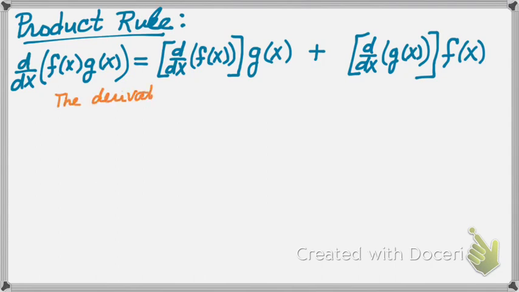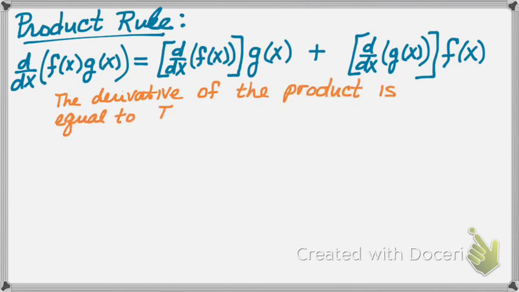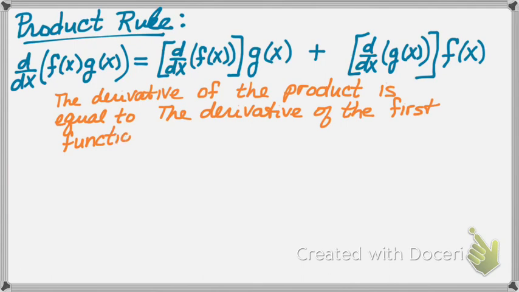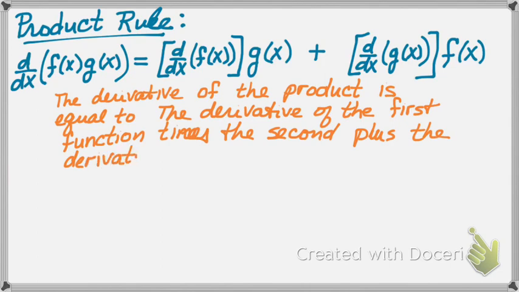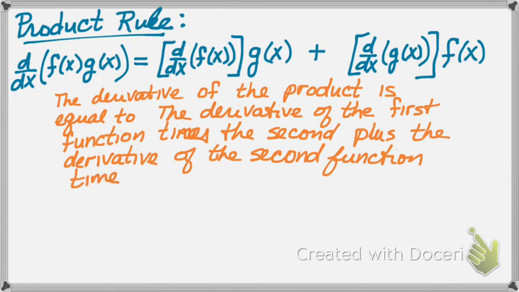So in words, the derivative of the product of f of x and g of x is equal to the derivative of the first function, f of x, times the second, which is g of x, plus the derivative of the second function times the first function.